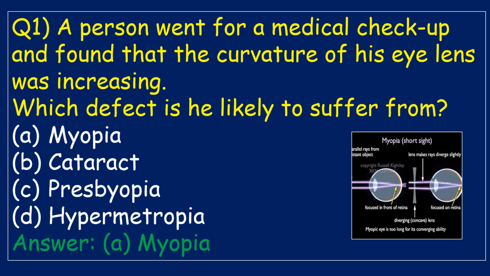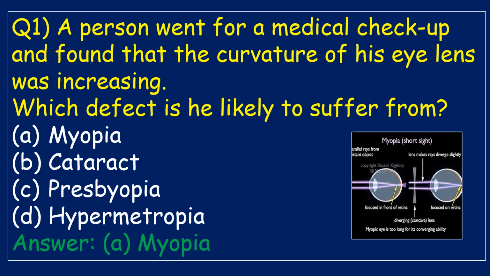The thickness of the lens increases. When thickness increases, the focal length decreases. If the focal length of the lens decreases, then the intersection of refracted rays happens in front of the retina. When the intersection takes place in front of the retina, the retina cannot recognize the image, so the person cannot see the image properly.